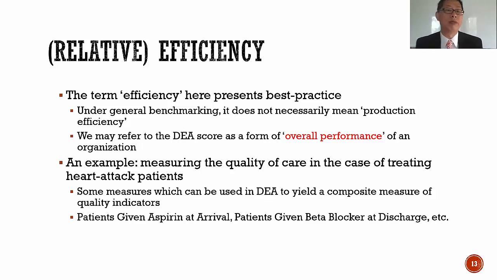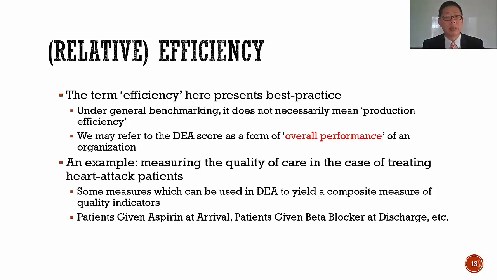In DEA, it can refer to overall performance, just the performance, or it can be production efficiency. So you have to read the article to see what it's actually referring to. So I think it's very, very general. It's not specific to production only. Okay.